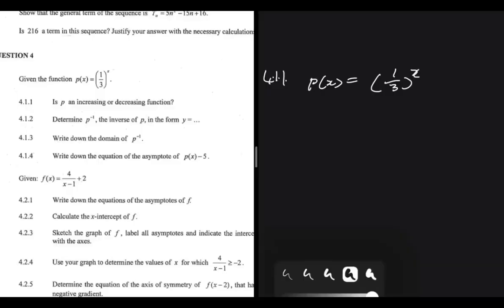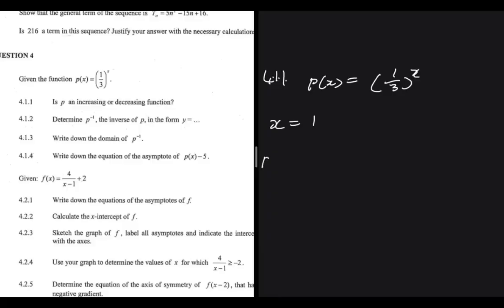Is p an increasing or decreasing function? That is 4.1.1. We have p of x, which is equal to 1 divided by 3 to the power x. Let's find out whether this function is increasing or decreasing. How are we going to possibly do that? Let's start by substituting x equal to 1 and see what we get.